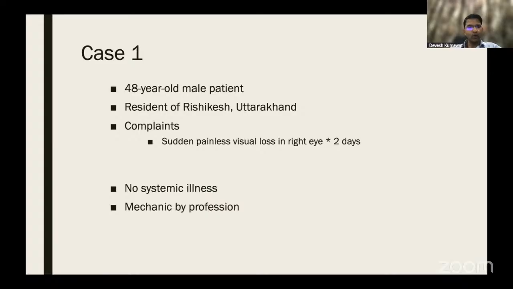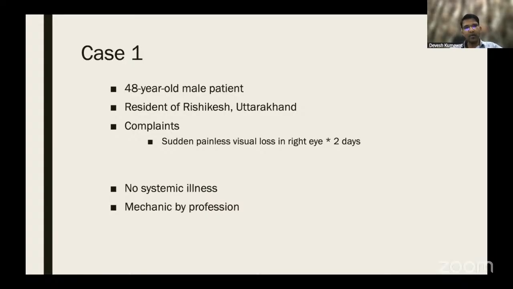That is important. You need to take a history of residence, especially when you're dealing with retina cases, because Rishikesh being a high altitude region, the patient might have to travel to a high altitude region after getting treatment from you. If it's a retina related problem, then the patient might undergo a vitrectomy with silicone oil or a gas tamponade.